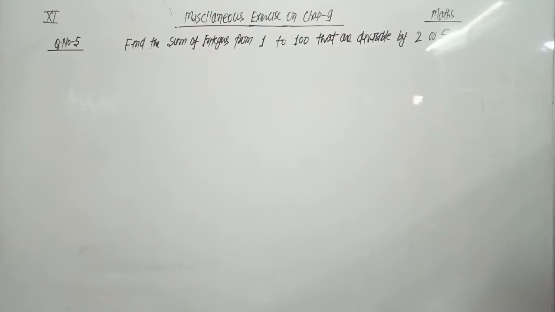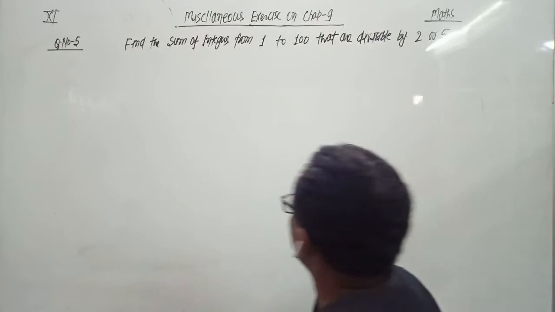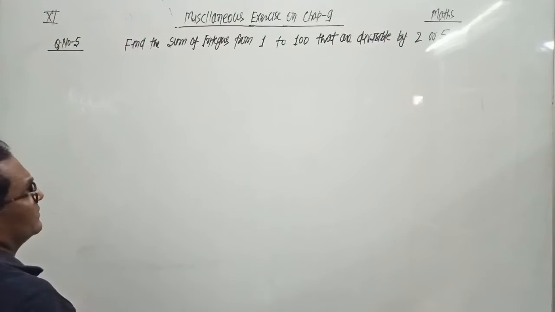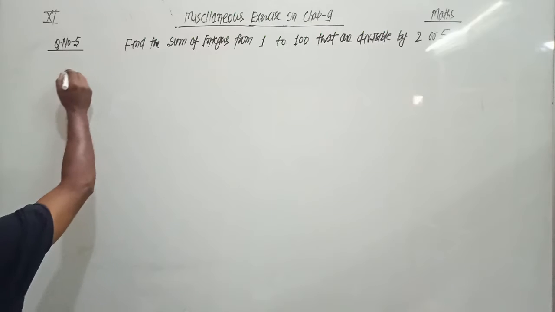Find the sum of integers from 1 to 100 which are divisible by 2 or 5.